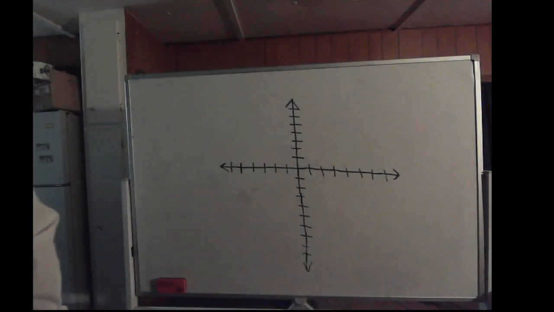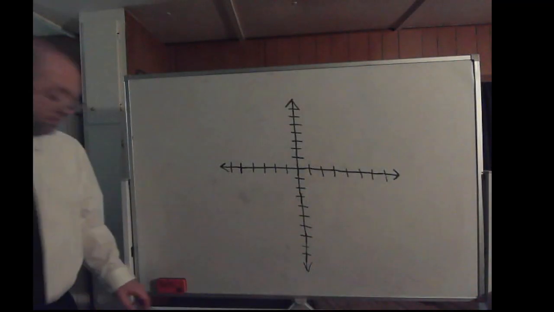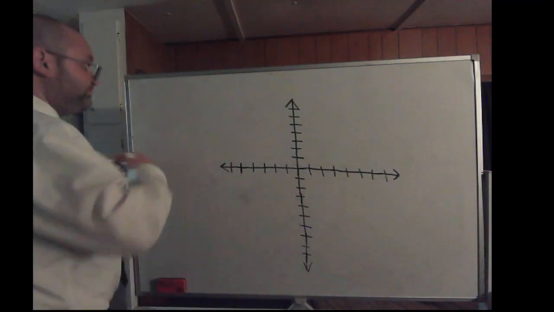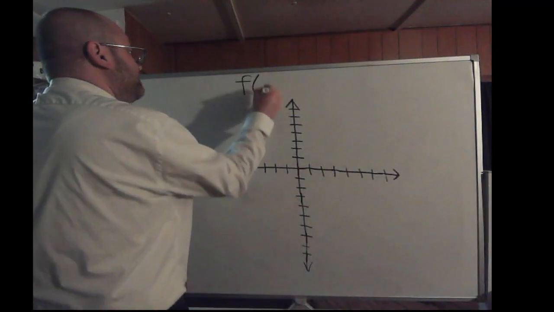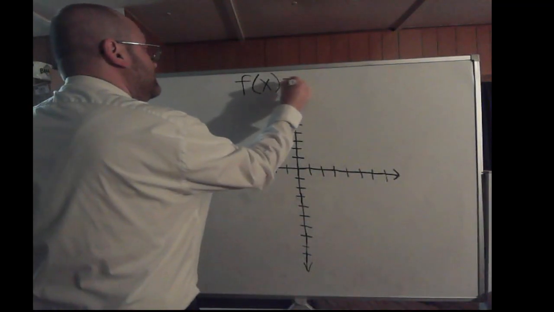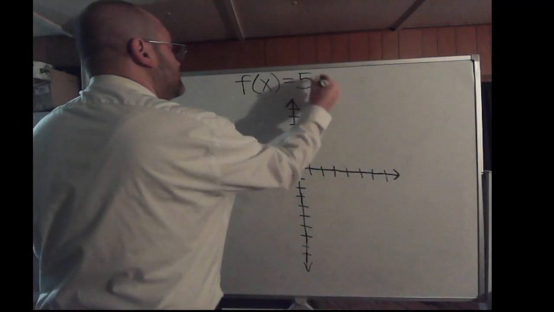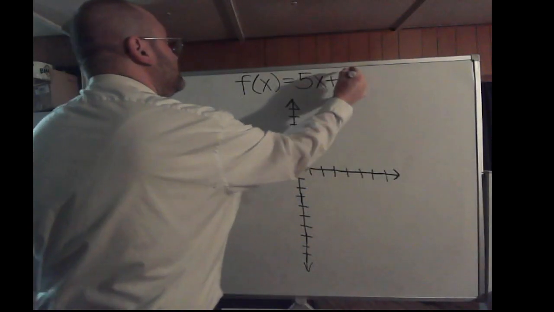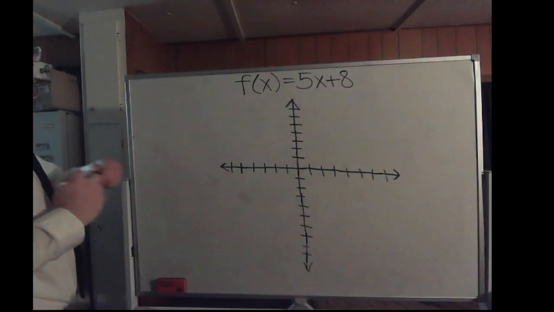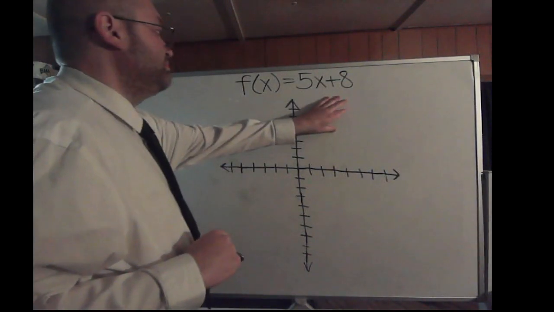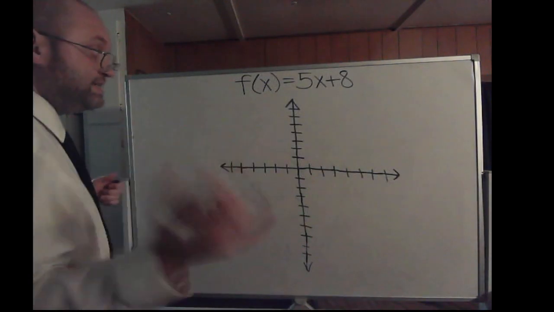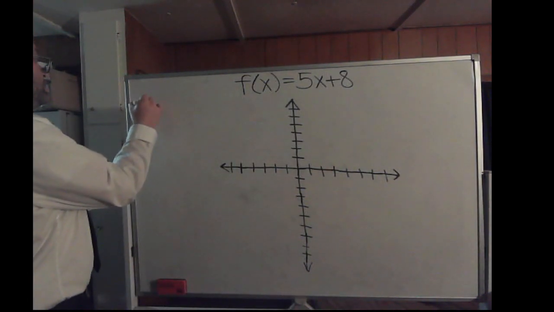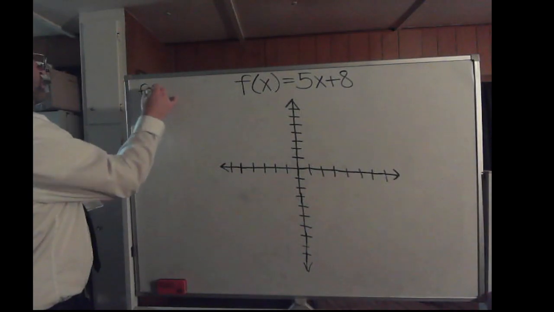Let's see here. Last one. Very last one. F of x equals 5x plus 8. So we have the function f of x equals 5x plus 8. Well, let's start out by finding the y-intercept. You get that by setting x equal to 0. So let's take f of 0.